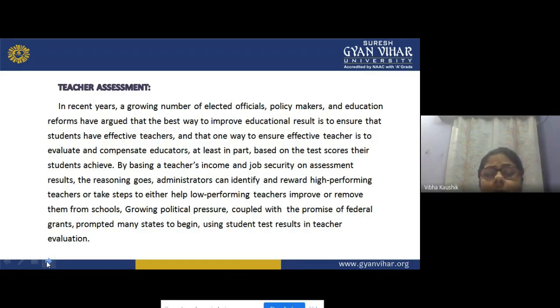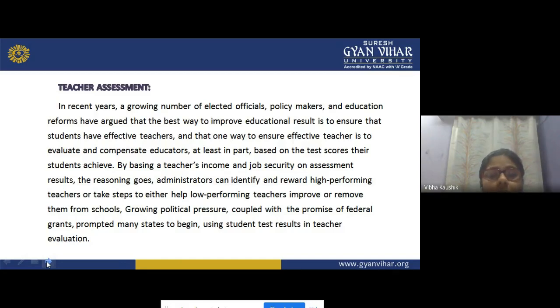If out of 100 students were expected to achieve 50 or 60, but now they are achieving 70 or 80, then we can say that the teachers are effective because the students are achieving high scores in the test.